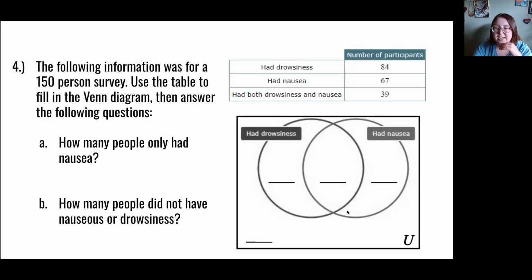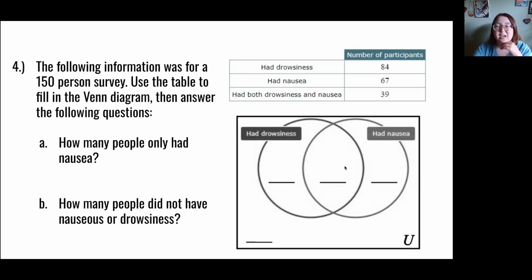This entire circle accounts for 67. But then we're saying here how many people had both nausea and drowsiness? 39 had both. And the overlapping part in the middle is that part that is considered both. So 39 goes in the middle here, but remember the whole circle, like for nausea, adds up to 67.